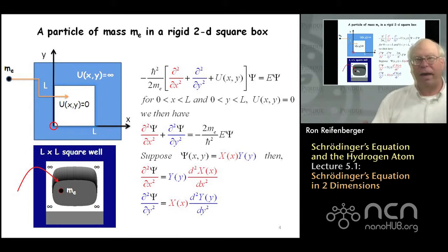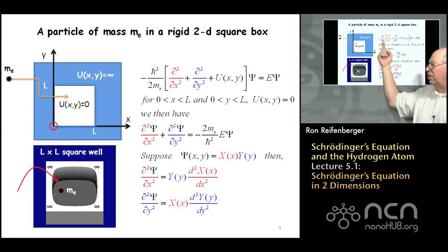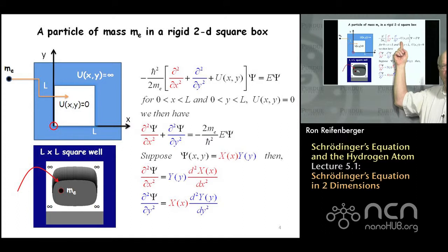So how do we solve that problem in quantum mechanics? Well, we just take Schrödinger's equation in one dimension and we extend it to two in a very straightforward fashion. We now include a second derivative with respect to y, in addition to the second derivative with respect to x that we've dealt with for the past few weeks. We add in the interaction potential energy U, and we set that equal to the total energy E of the particle times the wave function psi.